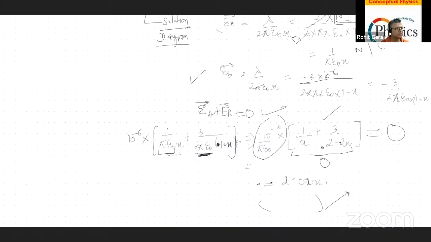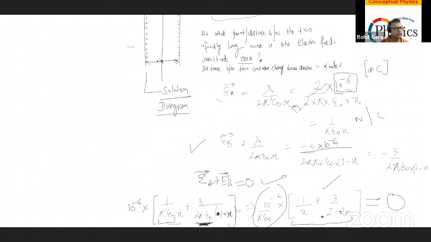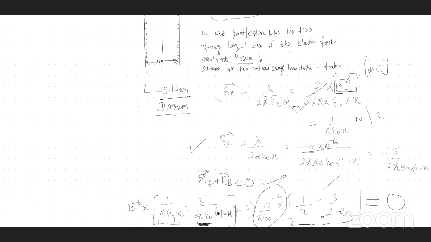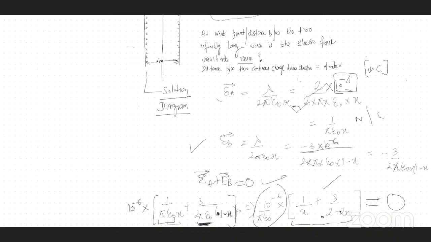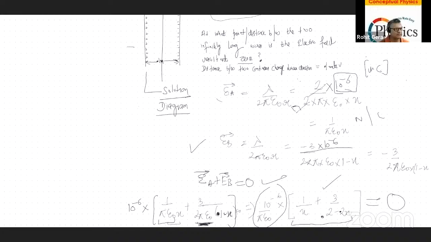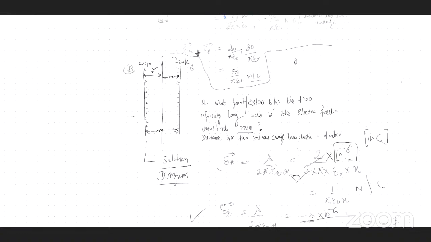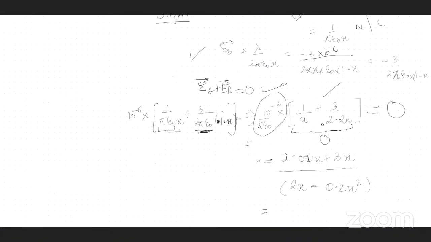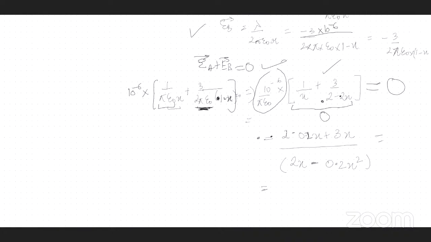Plus 3x, minus 2x squared. It's okay now, right? 0.2, 0.2 equal to 0.